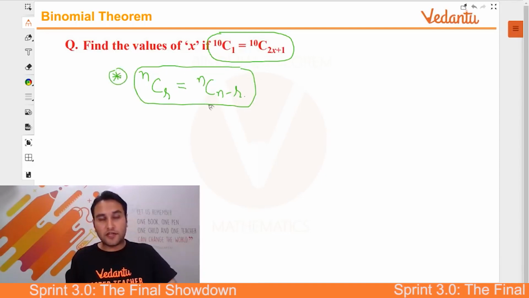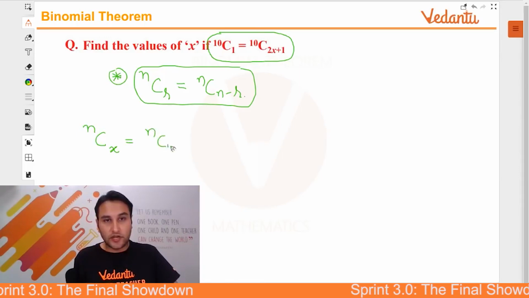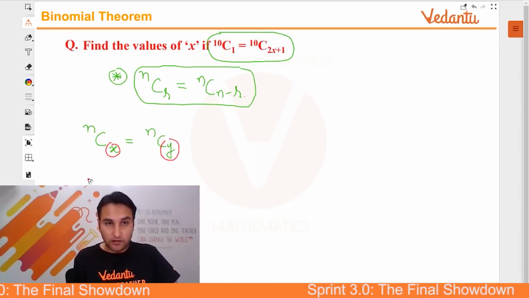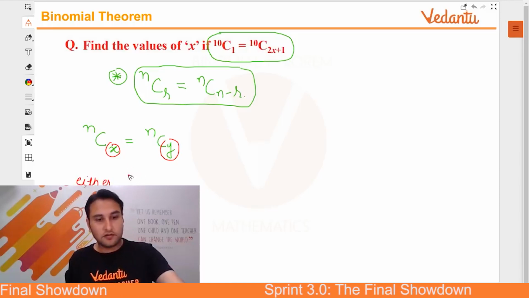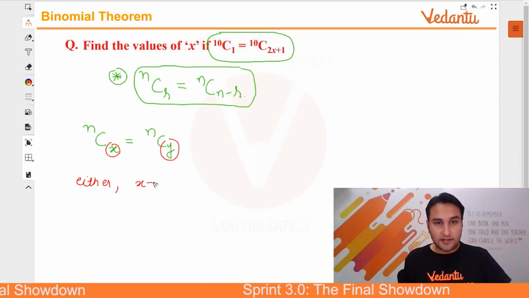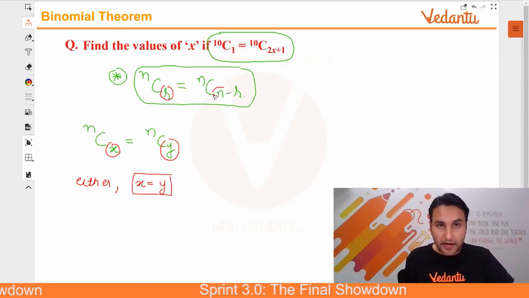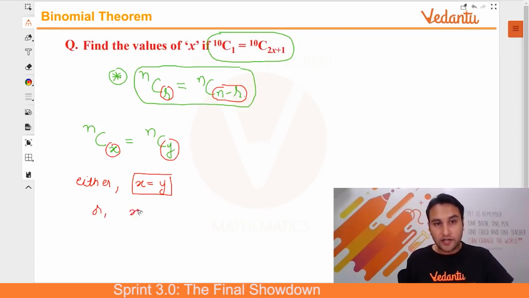So always remember, whenever somebody tells you nCx is equal to nCy, it implies either x is equal to y, or this plus this. Add these two. When you add these two, what is the sum? n. So either both are equal or their summation is equal to n.